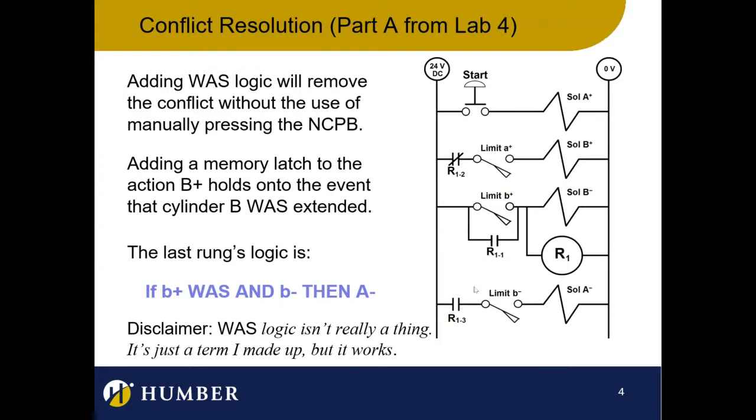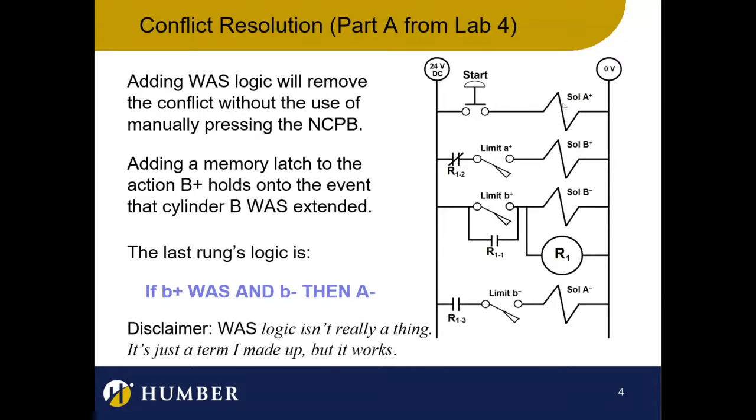Yeah. So what's going on here is that I've added was logic in here. Now, the was logic in here is this. It's if B plus was and B minus then A minus. So what's going on here is that, take a look at it this way. I'm saying that if B plus extends and it has now retracted, then it's okay for this to happen because this is long gone.